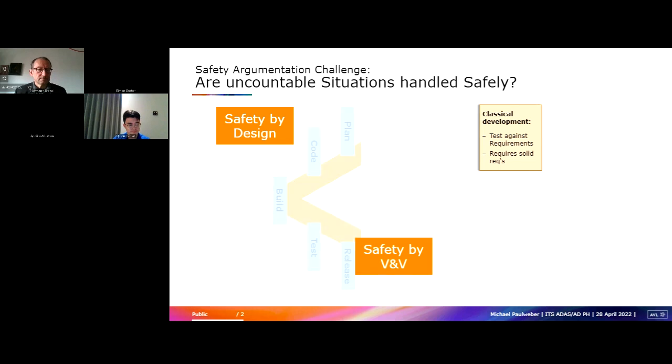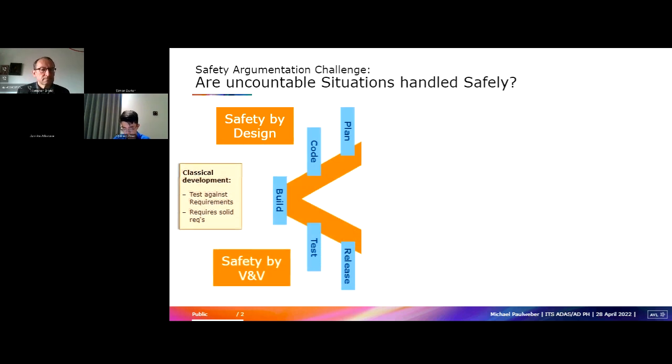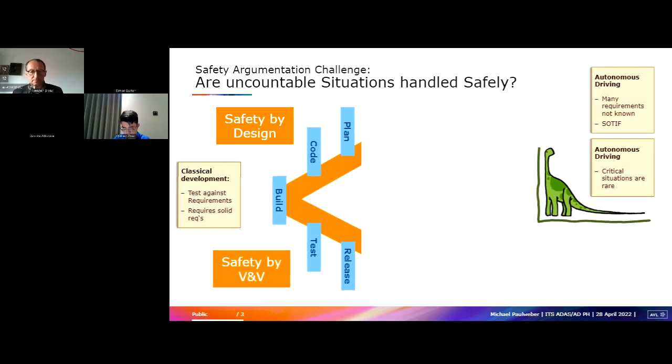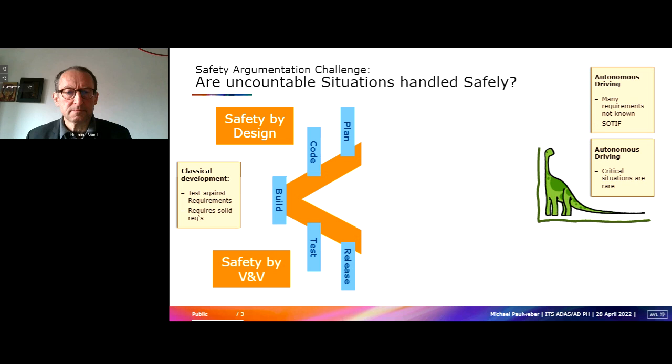The problem there is that we have so many situations in which such an automated vehicle or train or airplane or whatever it is has to operate, and on the one hand it's difficult to check if it's safe in all the situations.